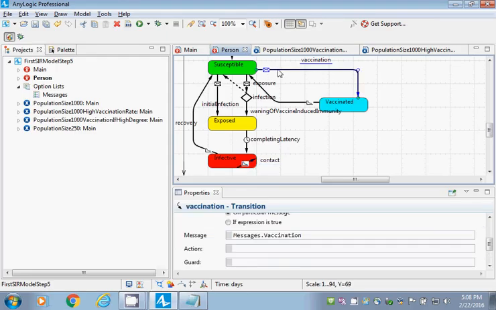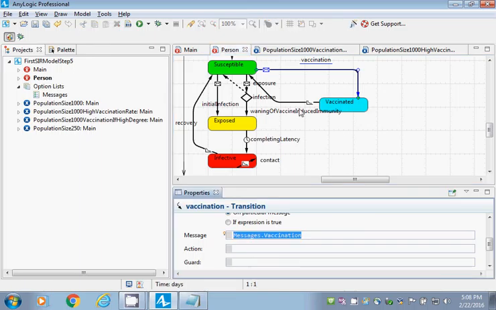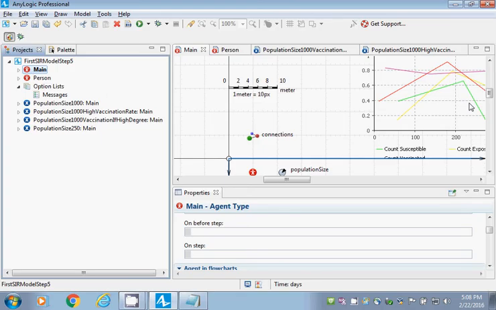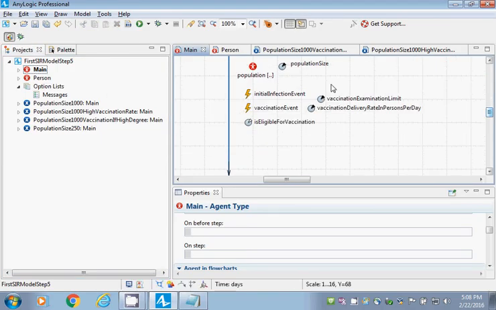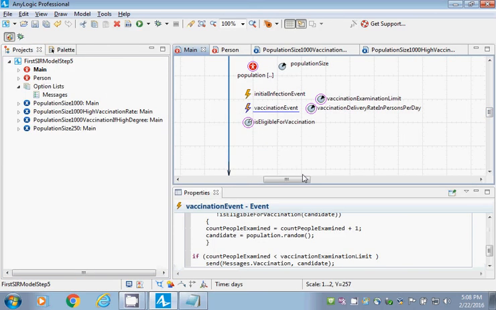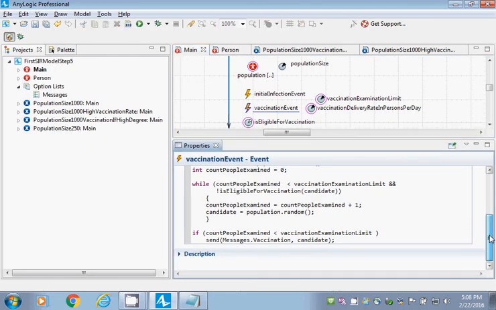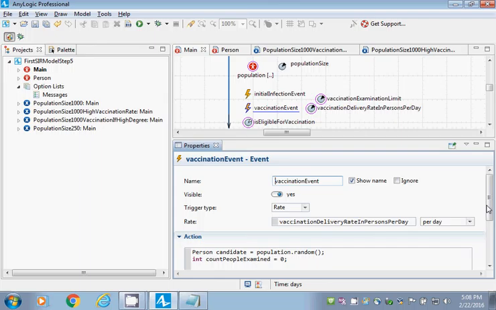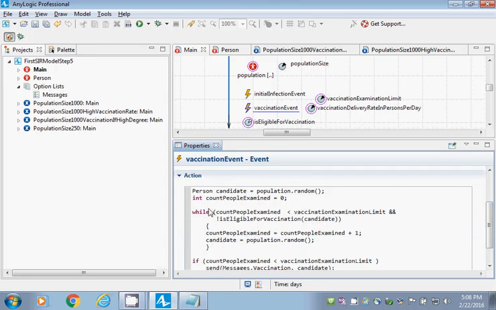We saw in this final session how we could characterize vaccination interventions using an additional type of message, and how we could implement a vaccination program in the model by having a number of vaccinations that occur per day, and at each vaccination occurrence, we look for a person who's eligible and we vaccinate them.